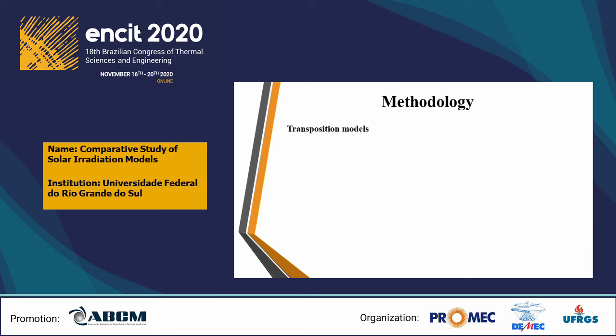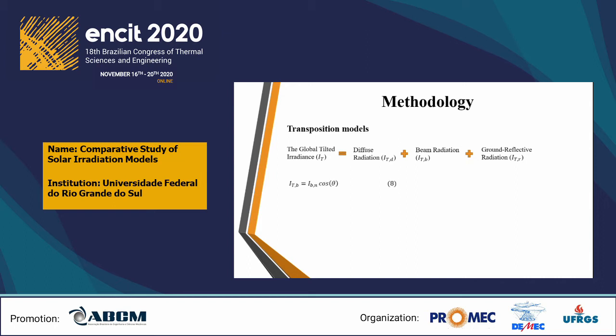The transposition model generally converts the global horizontal irradiance into global tilted irradiance. It is the sum of three components, namely the diffuse radiation, the beam radiation, and the ground reflective radiation.